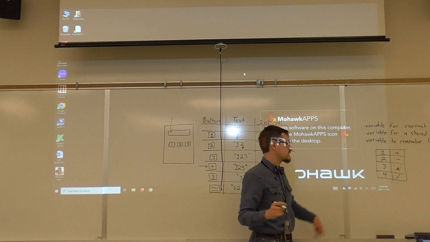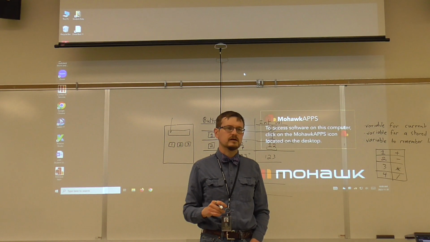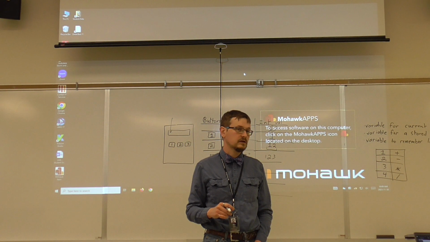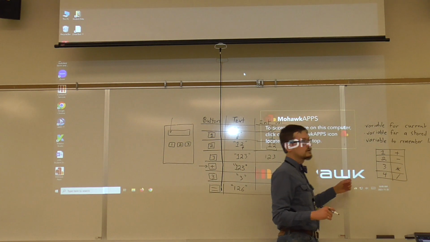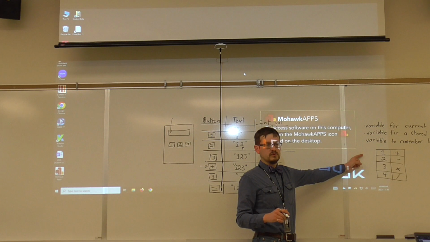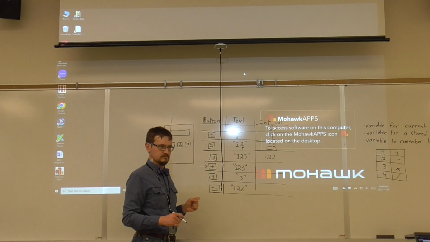Something like that. Because then, you can easily write either a switch case or a series of if statements to decide what operation needs to be performed when the equal button is hit, right?